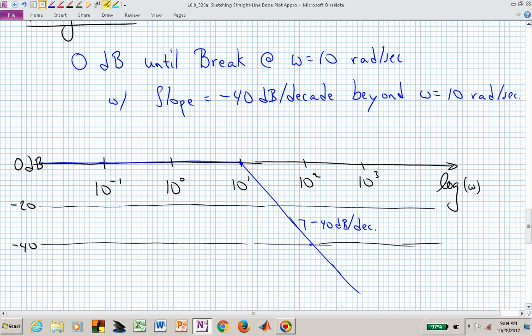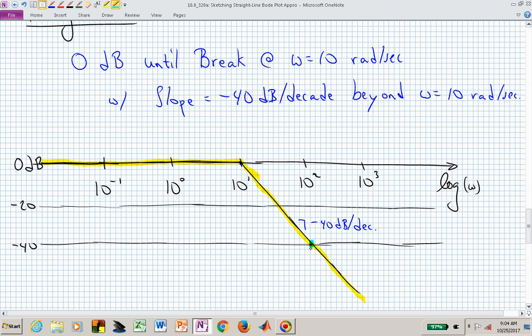And in your drawing, you go, I'm just going 0 dB until I hit my omega sub n, which was 10 in this case, and now I'm going down at a quicker slope. So if you wanted to, you could say I was 0 at 10. A decade from that, I'm going to be 40 dB down.